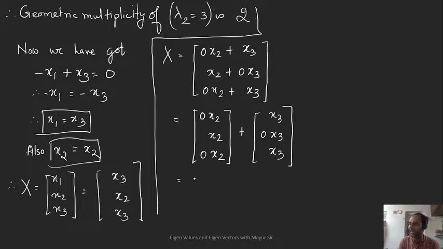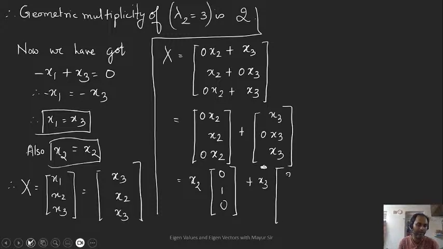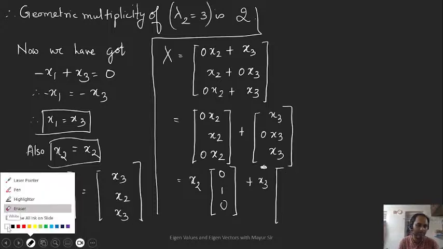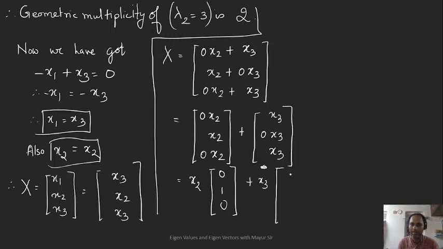So take x2 outside. When you take x2 outside, you get 0 1 0. Then you see x3, and here it will be 1 0 1.